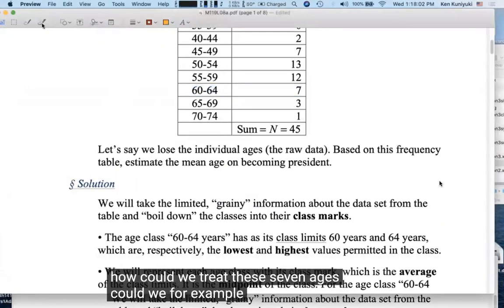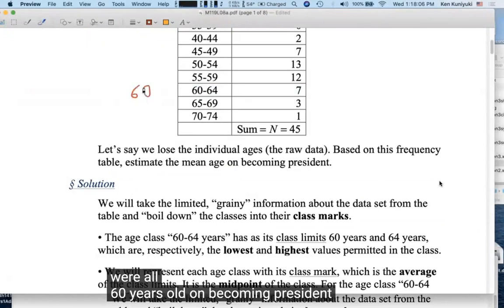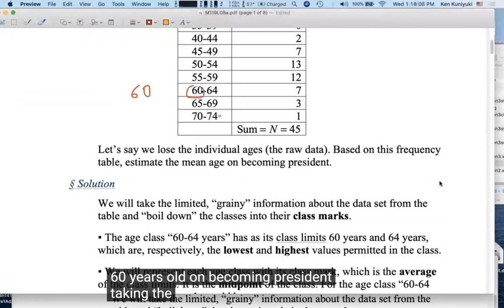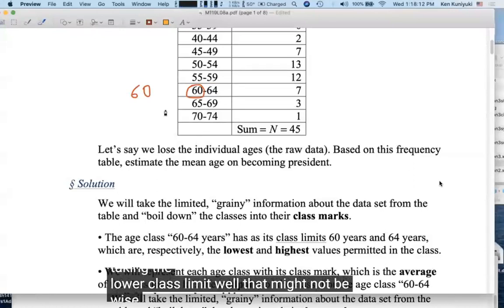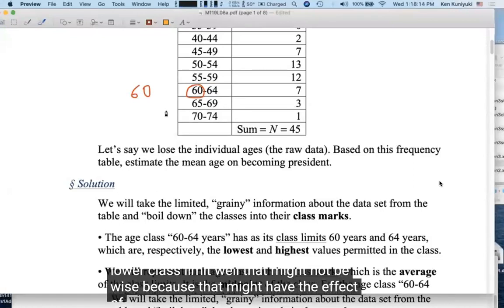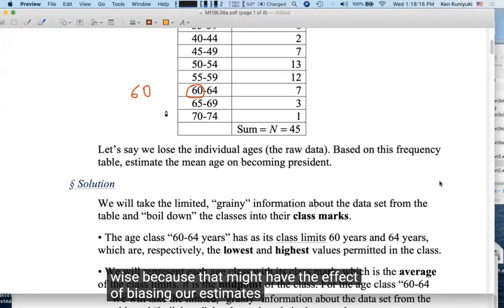Could we, for example, estimate that they were all 60 years old on becoming president, taking the lower class limit? Well, that might not be wise because that might have the effect of biasing our estimates to the low end.